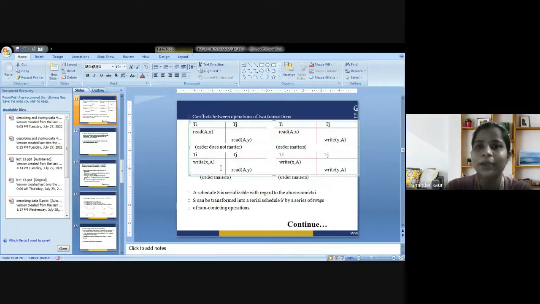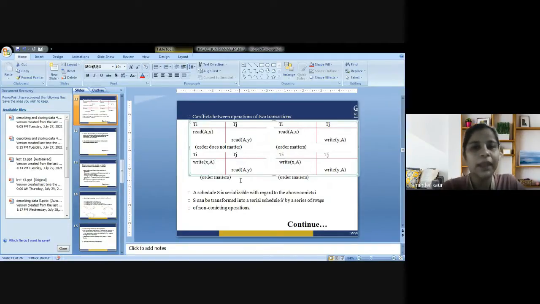So that is why order does not matter. But here order matters because it is a writing operation and a reading operation. If we are dealing with a write operation, then order definitely matters. Write is concerned with reflecting the output, or reflecting the changes, and that is possible only with the help of the write operation.